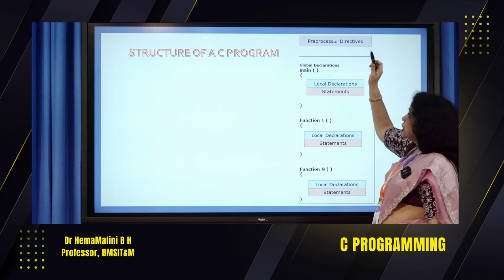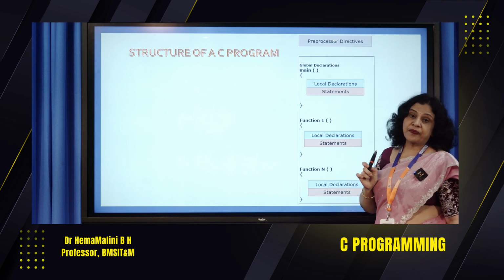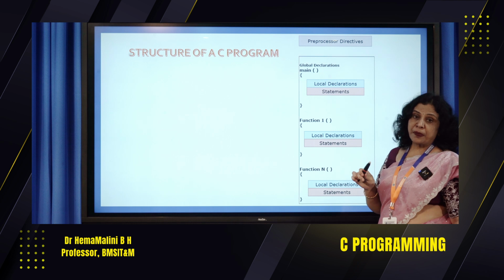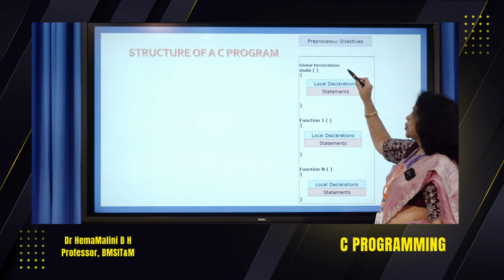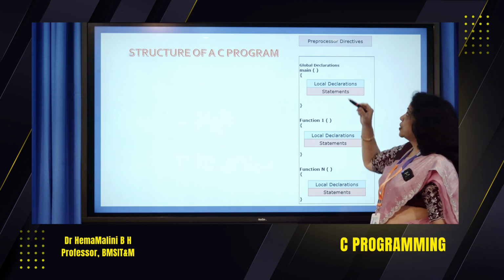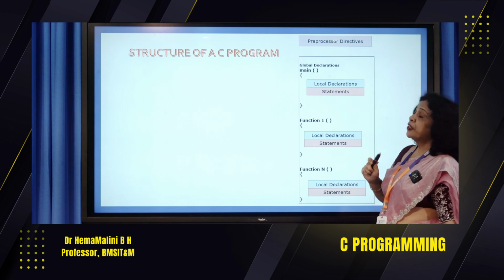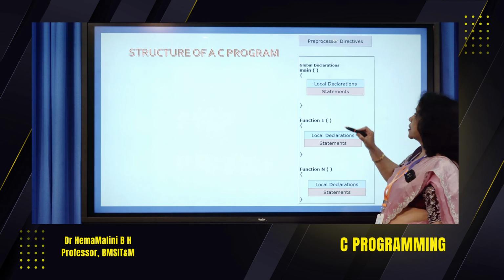Then comes the global declarations. If there are any variables which have to be accessed across the different functions, we keep them as global variables. So, we do all the global declarations just below the preprocessor directives.